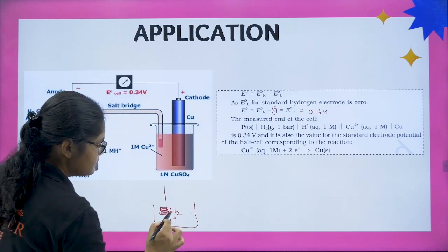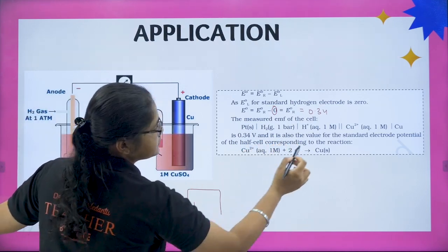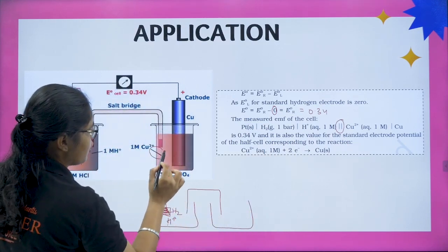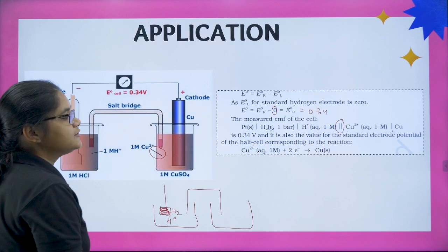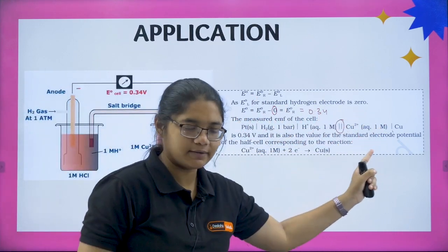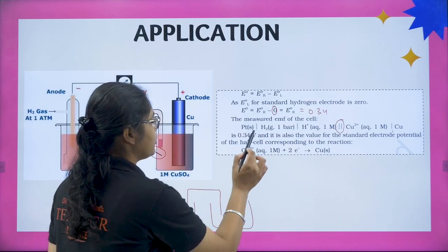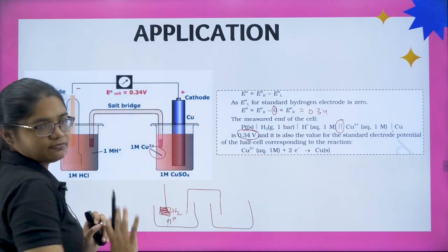We have platinum H2 H plus, then the salt bridge. On this side you have copper 2 plus and then the copper rod. That is the cell notation, and Cu2 plus plus 2 electrons gives you copper, and its electrode potential is 0.34 volt. So we got the electrode potential of copper.